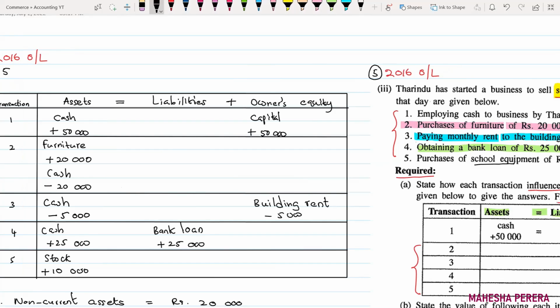Now, when the business purchases on credit, creditors arise. So that means the value of liabilities increases. So under liabilities, you can say creditors and then plus 10,000.